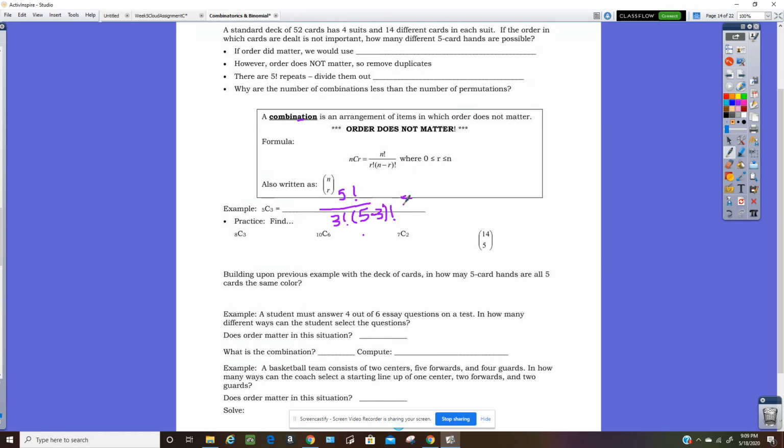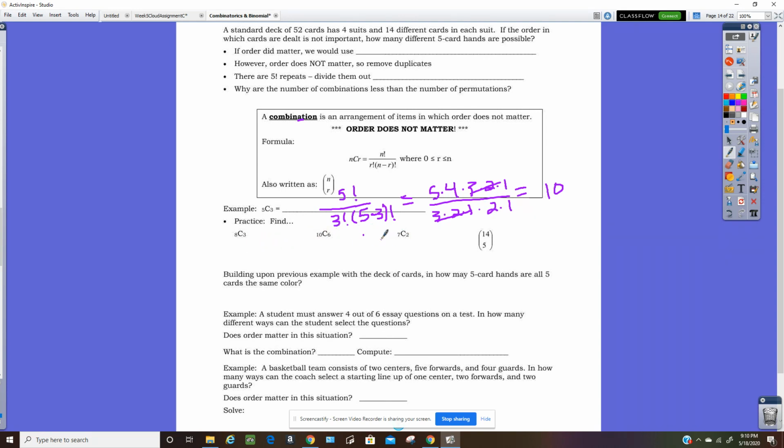So this would be 5 times 4 times 3 times 2 times 1, and this is 3 times 2 times 1, and 2 times 1. So these will go away. 20 divided by 2, which is 10.